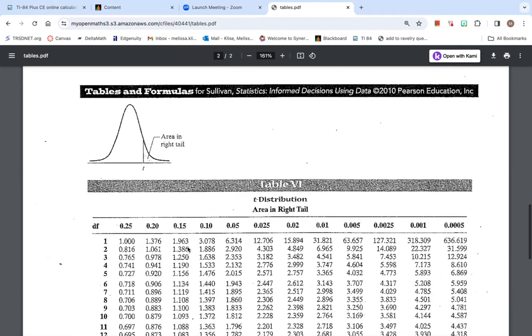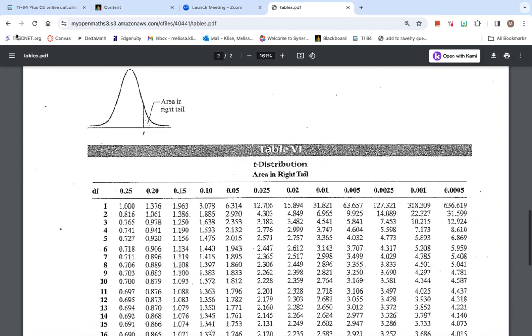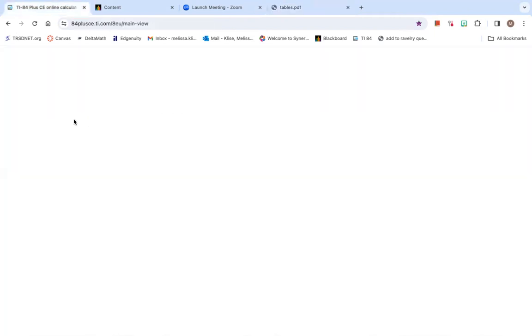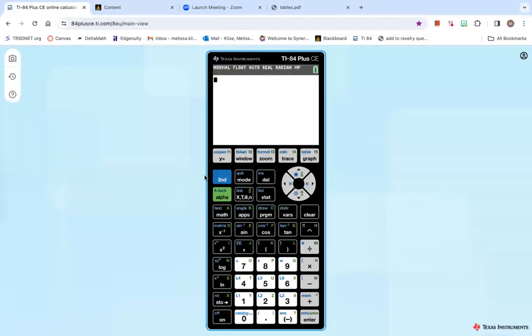So let's once again do 0.05 as my alpha, and 15 degrees of freedom. So second vars, we're going to do inverse t. It's right under inverse norm.